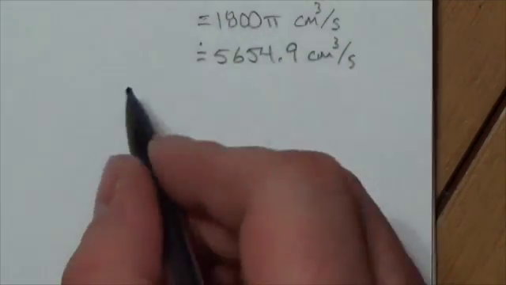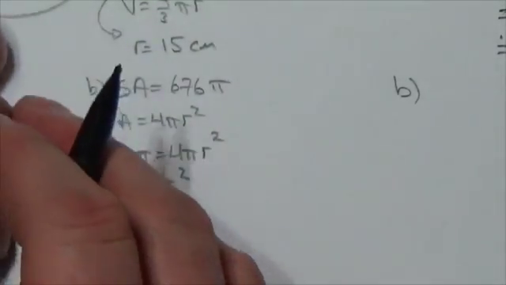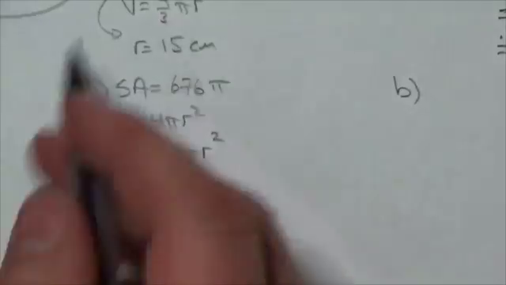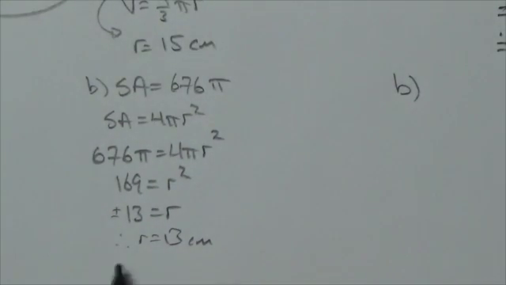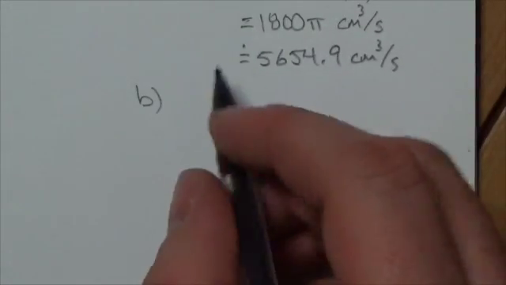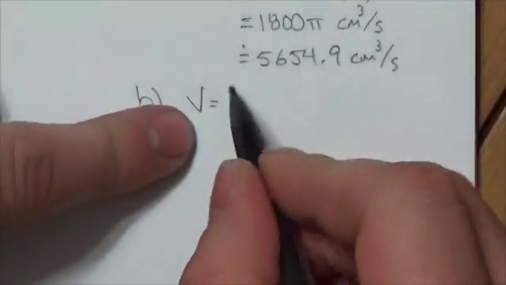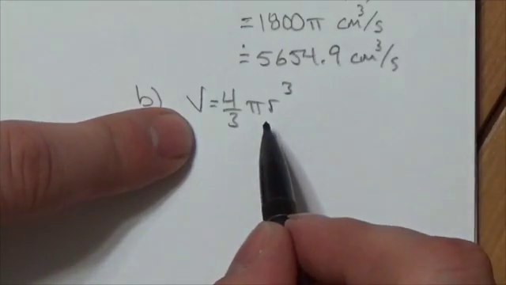Now let's take a look at part B. We've already done a fair bit of the work, because the difference between part A and part B was just how I gave you the information about the radius. Everything else is basically the same. We're still looking for the rate at which the volume changes, given the rate at which the radius changes.